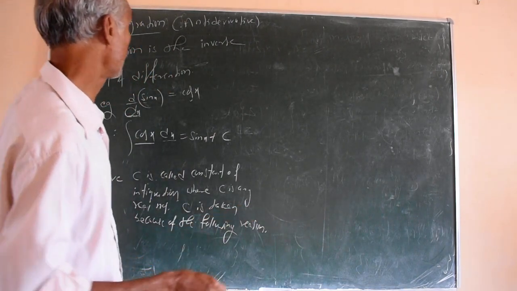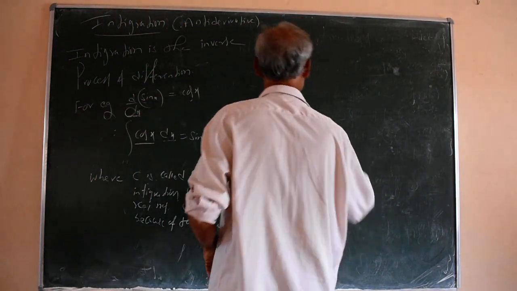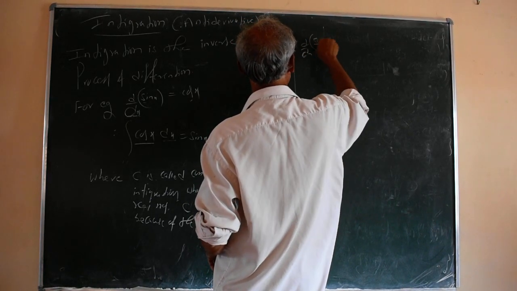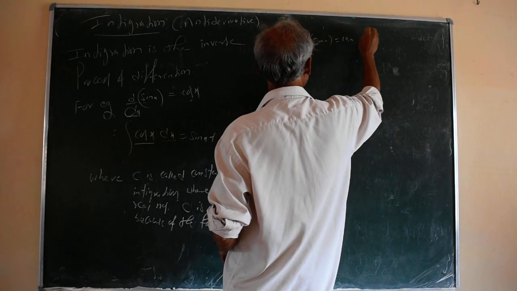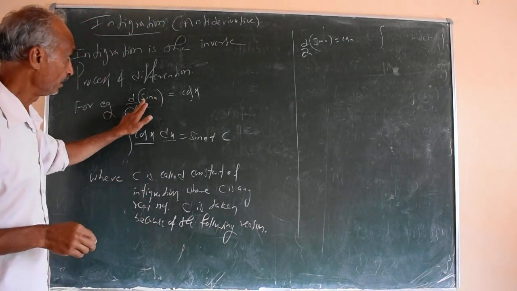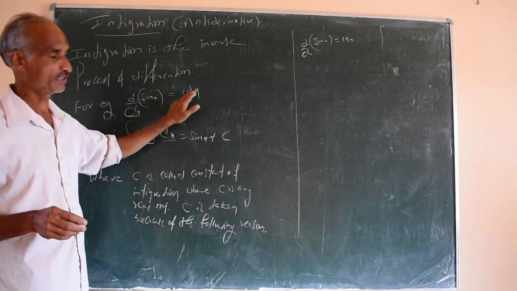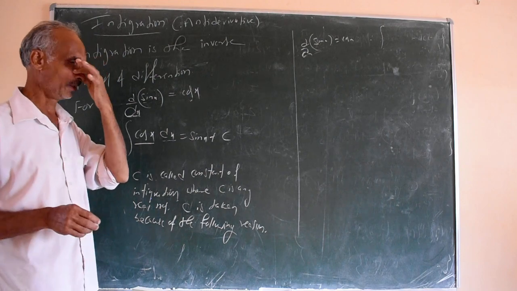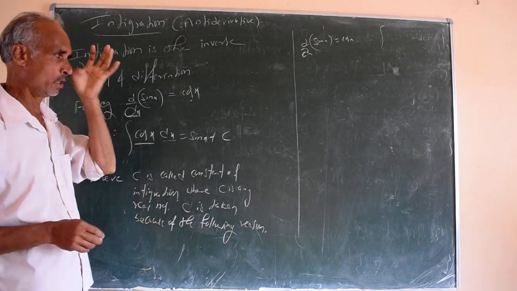What is d by dx of sin x? d by dx of sin x is equal to cos x. Therefore, integration is the reverse process. By differentiating sin x, you are getting cos x. Cos x is called the differential coefficient, and sin x is the function which is to be differentiated.